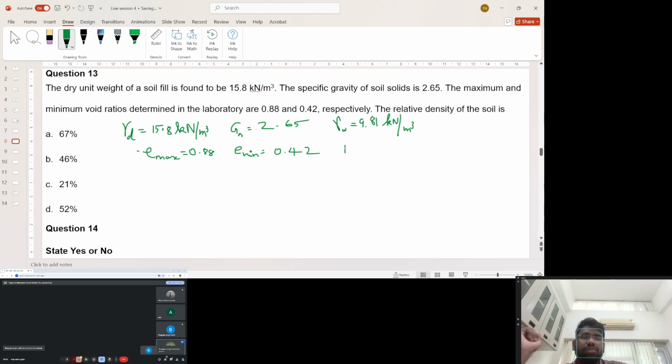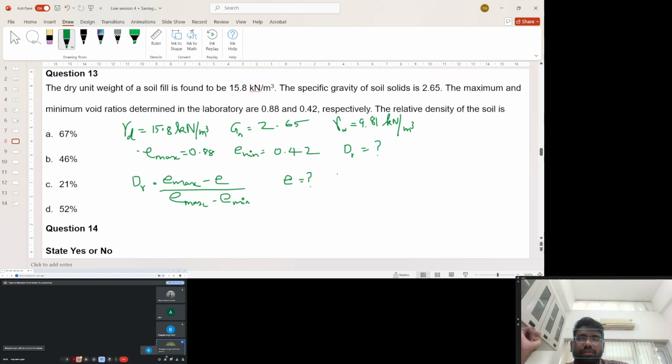What we want to find is the relative density. Relative density is written as e max minus e, divided by e max minus e min. Now we know e max and e min, we need e. How can we find e?